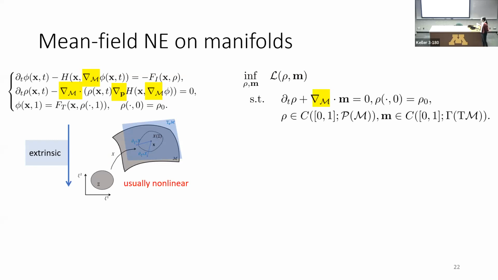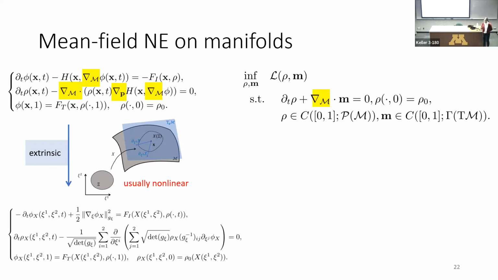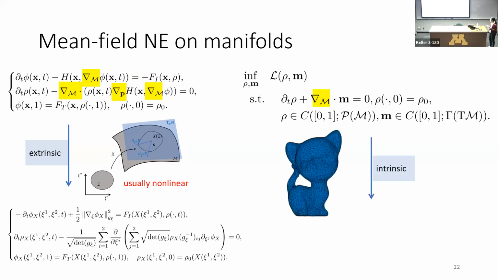If you follow some extrinsic approach, for example, you try to give this manifold a local coordinate chart, push it back to Euclidean space and solve it there, you will make it very, very complicated because you add another layer of nonlinearity in the system. But if you follow an intrinsic discretization, an intrinsic description of the manifold, you will still preserve the convexity of the variational formulation and the linearity of the constraint.